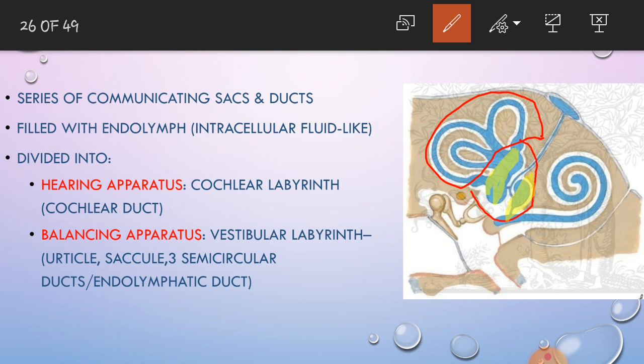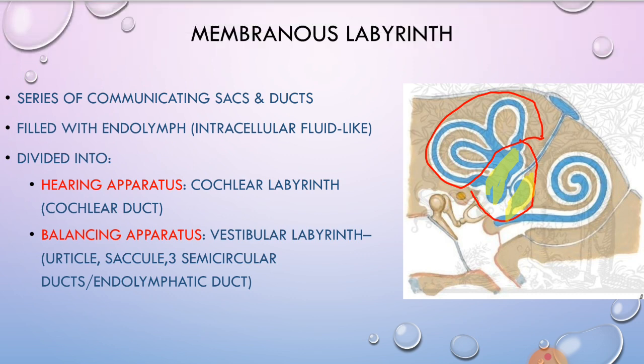The utricle and the saccule are meant for static equilibrium. We're going to discuss the kinetic equilibrium and the static equilibrium in the next part of this class.